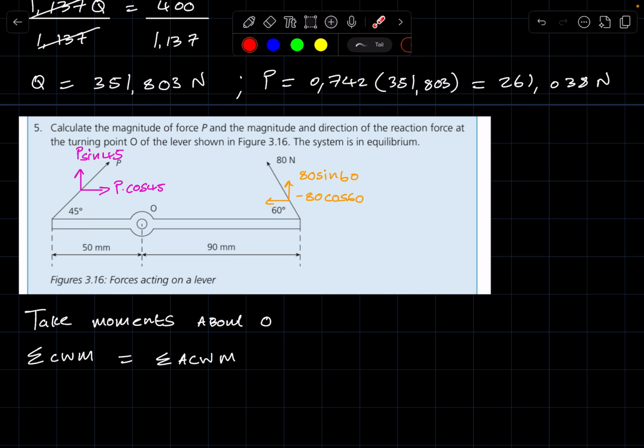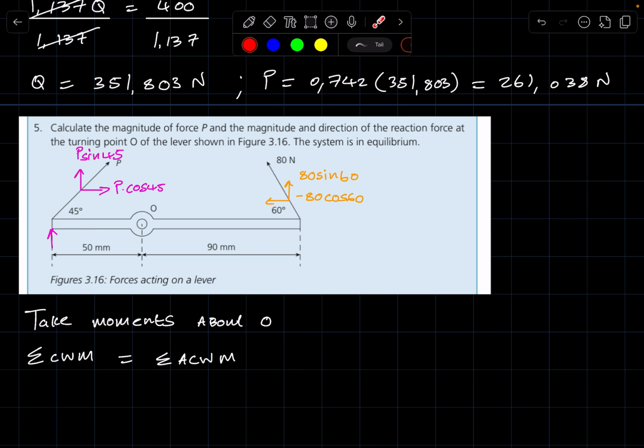So now we look at the turning effect that the vertical component would have. If P sine 45 is at that point, what turning effect would it have towards point O? Obviously, this would have a turning effect that goes in this direction, and this direction is clockwise.